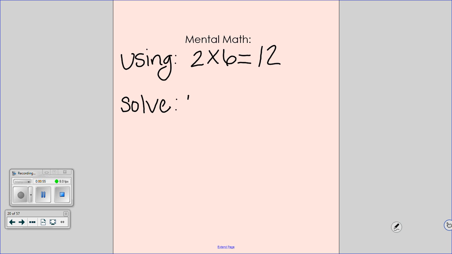So using this equation, I want you to solve, oops, that's 16, sorry. 4 times 6. So I'm giving you 2 times 6. How can you use that to solve 4 times 6? Your notebook is closed.